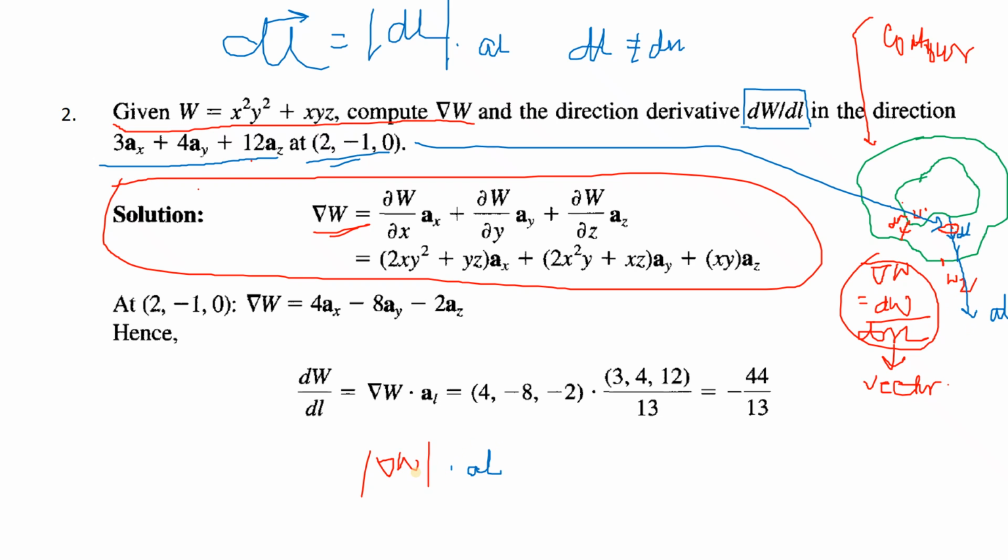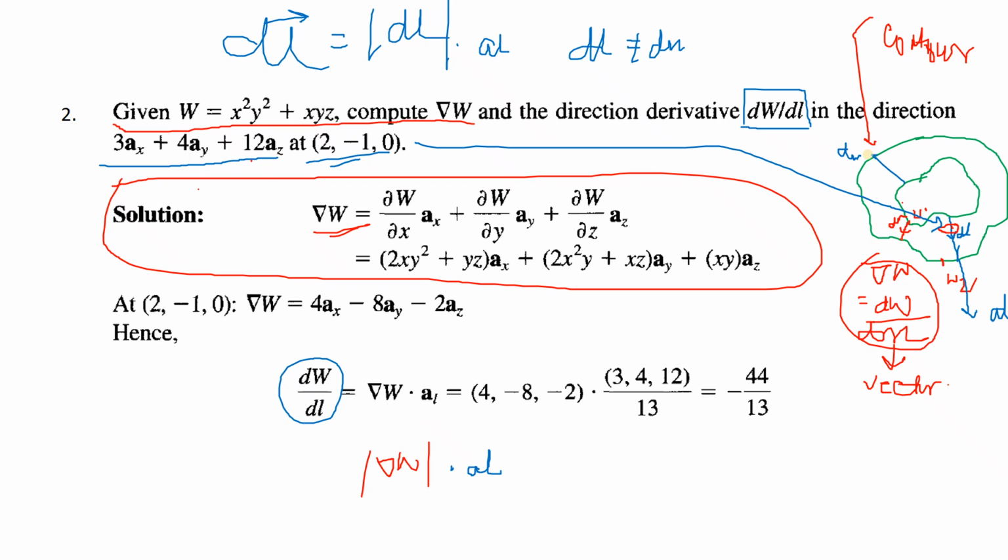We associate this unit vector with this mod, so that it is as if delta w is traveling along dl, because delta w along dn is the gradient, but delta w along dl is not the gradient, because it is along this path. So delta w dot product with this will give us the value of dw by dl.